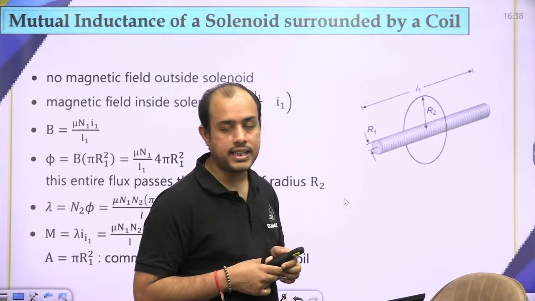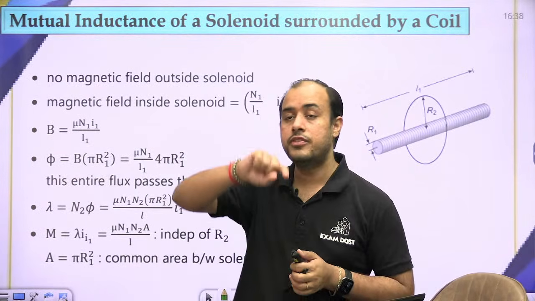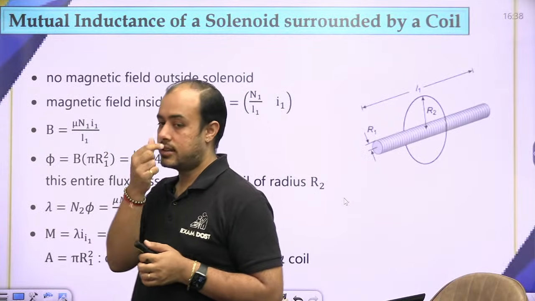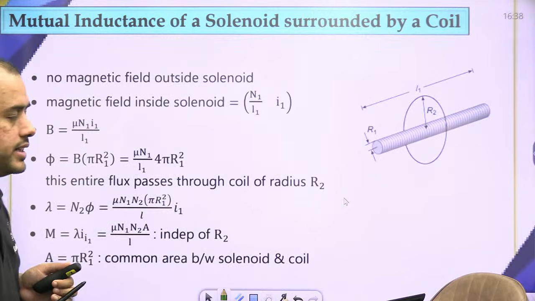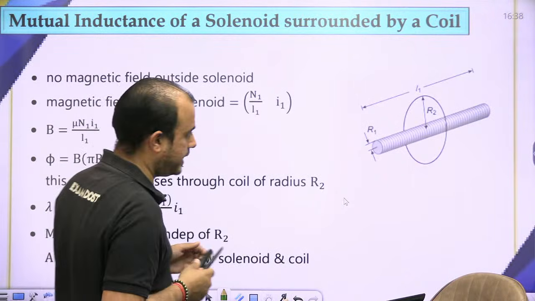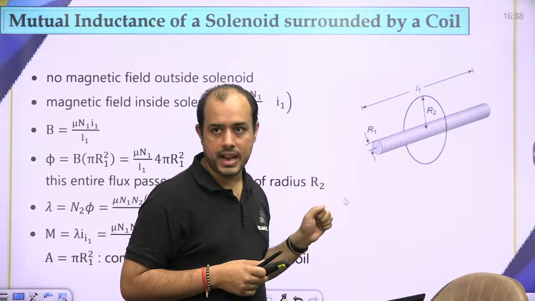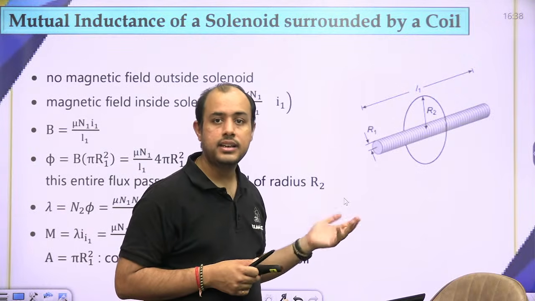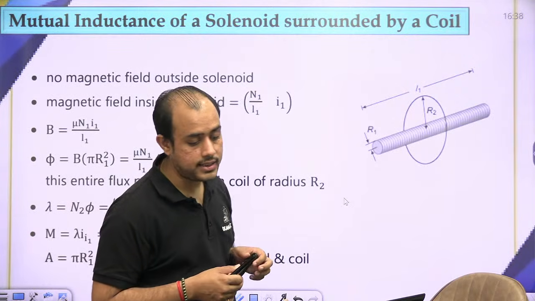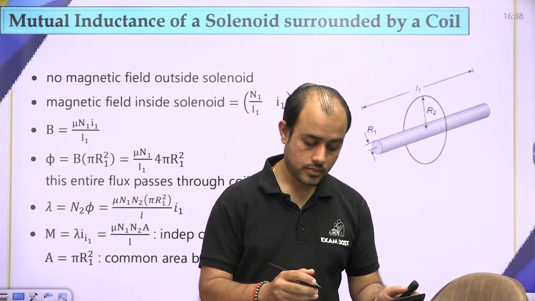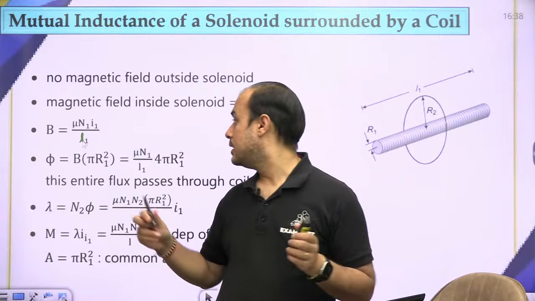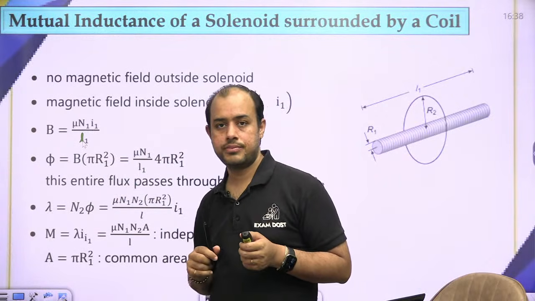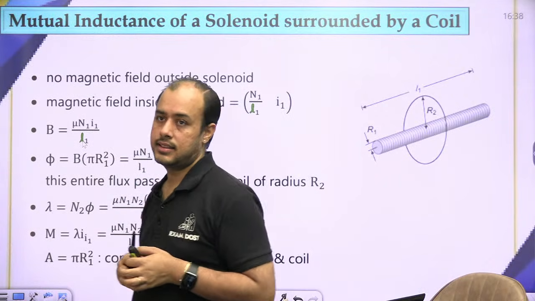So suppose I take a solenoid around which I have a coil. What is the mutual inductance? I will say that the solenoid is producing a magnetic field, which is the number of turns per unit length into I, that is N1 by L1 into I1. Now B will be μH.